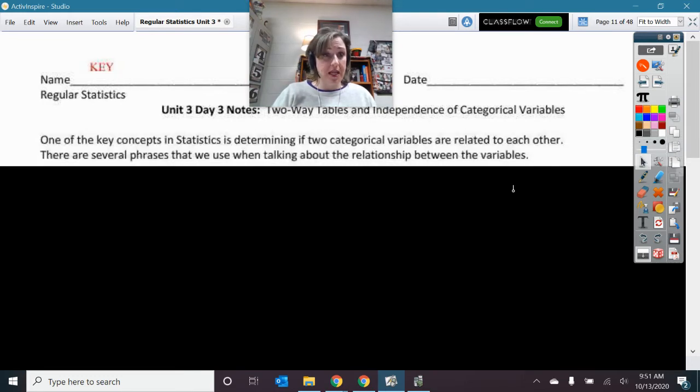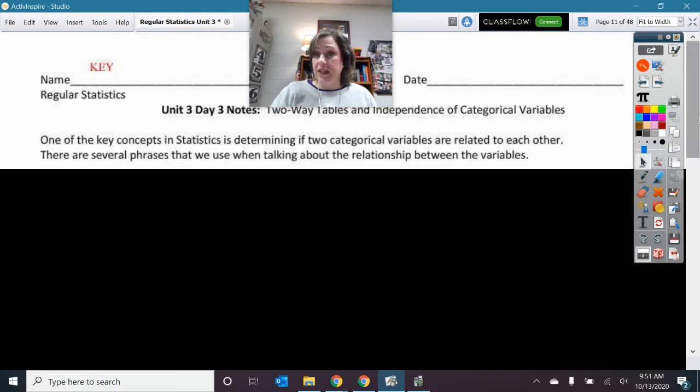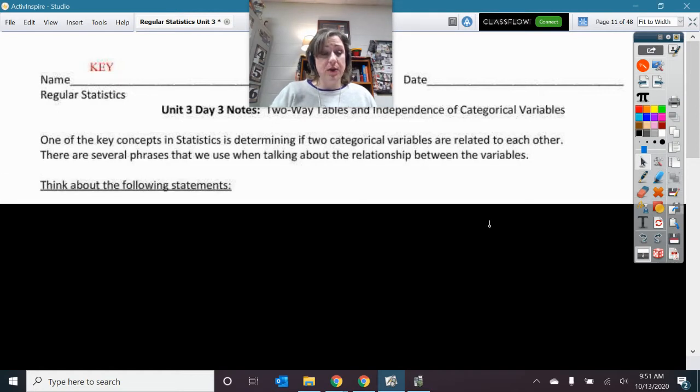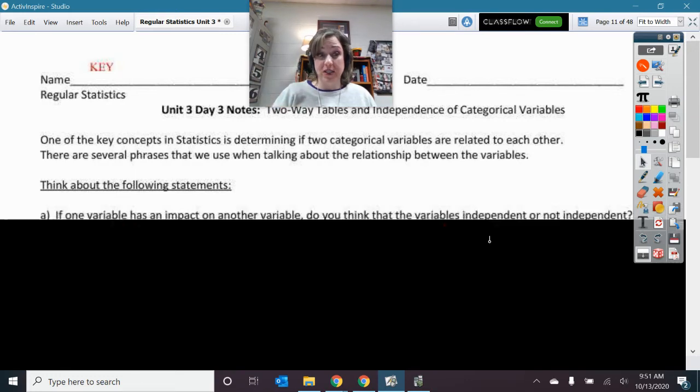So here we go. One of the key concepts is determining if those two categorical variables are related to each other. I want us to think about a couple of statements, because there are several ways that we can say this, and we've got to get down the different ways we can say it.